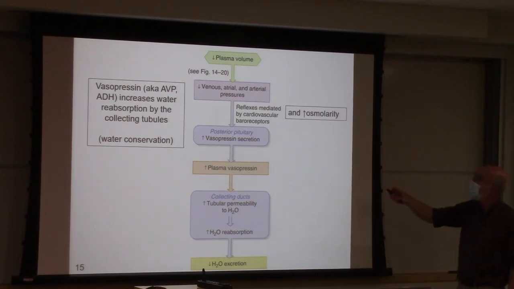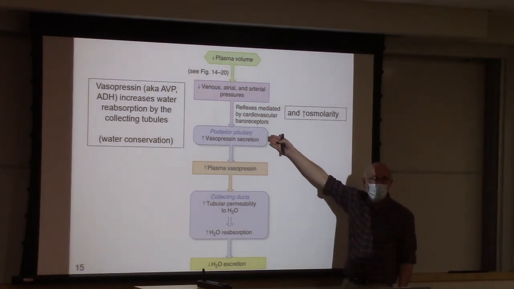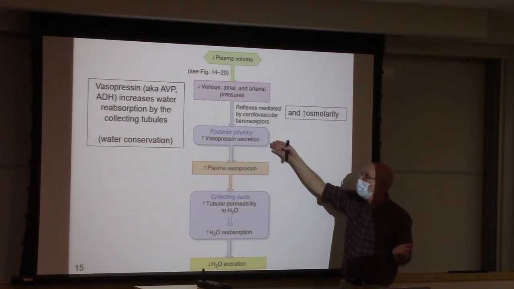Volume. So again, this illustrates volume can go up or down. Pressure is related to volume. So high volume is associated with high pressure, low volume is associated with low pressure. Pressure and osmolarity lead to vasopressin release from the hypothalamus, from the posterior pituitary.